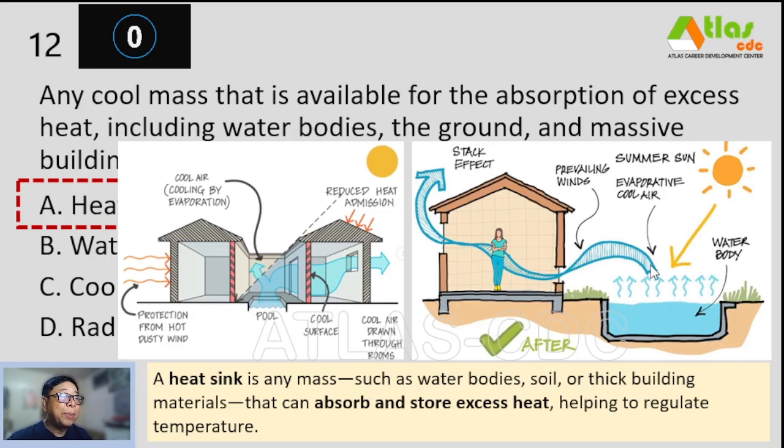So yung mainit na hangin, inaabsorb ng water yung heat doon, at ang lumalabas na hangin papunta sa building is a much cooler air, no? At ginagamit din yan para by evaporation, yung cool air papasok din sa loob ng building.